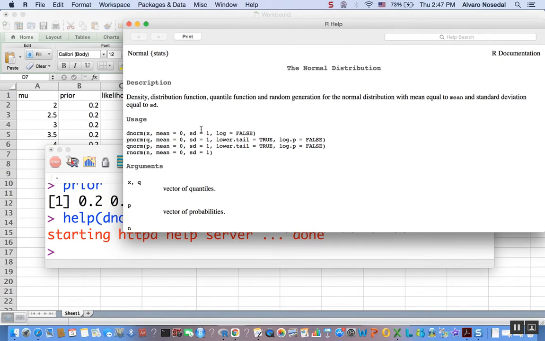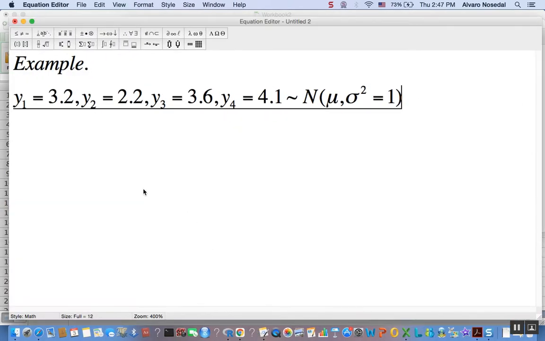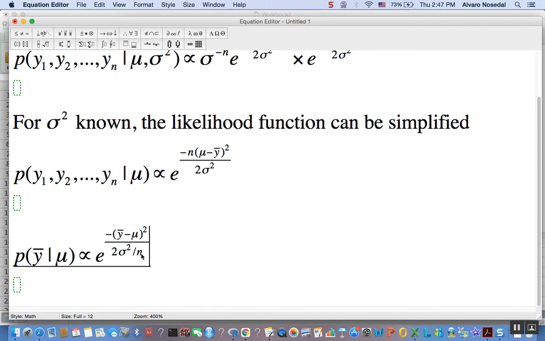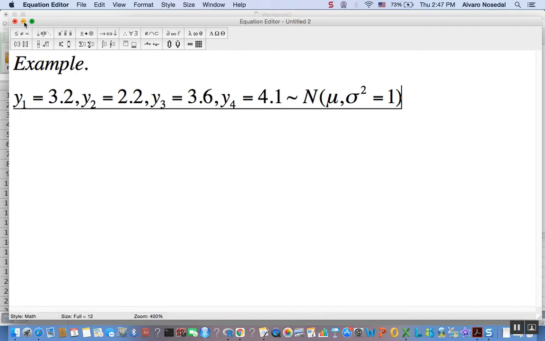Since sigma is assumed to be 1, we are going to have sigma divided by the square root of n. That's going to be the standard deviation, instead of sigma squared divided by n, okay?